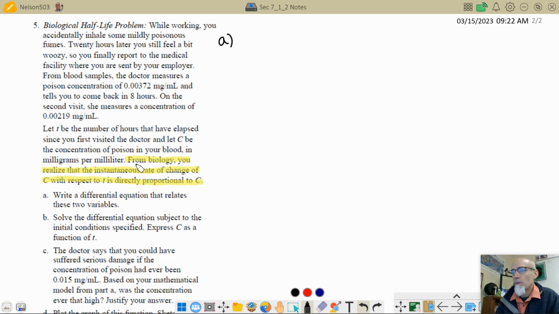Okay. So, from biology, you realize that the instantaneous rate of change of C. So this is part A, really. This yellow highlighter is telling us what we're supposed to write down. So the rate at which C is changing, the concentration of this poison in the blood, is directly proportional to the concentration level.